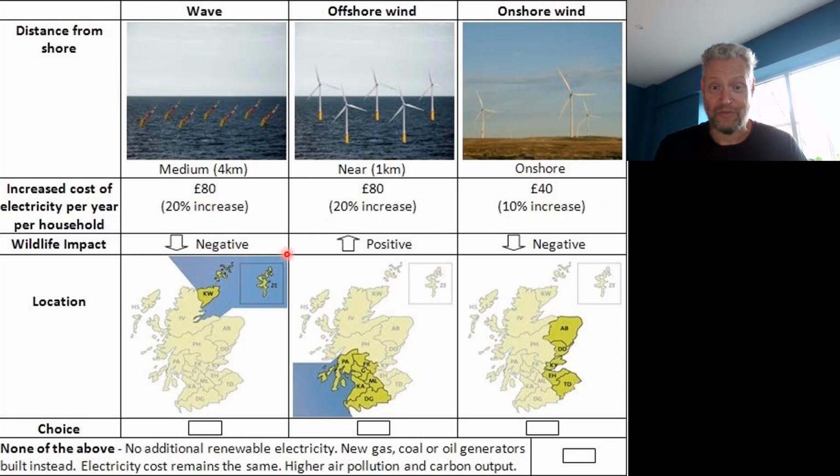Electricity has different impact on wildlife, where onshore wind is negative, wave power is negative, offshore wind is more positive and would be deployed in different locations in Scotland. And then you are asked to make your choice. Which of these 3 alternatives do you like most?